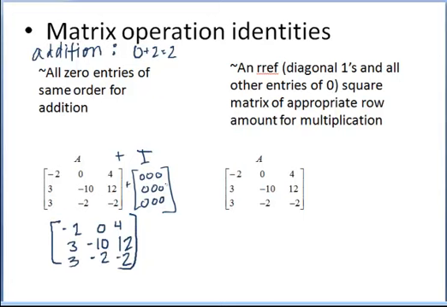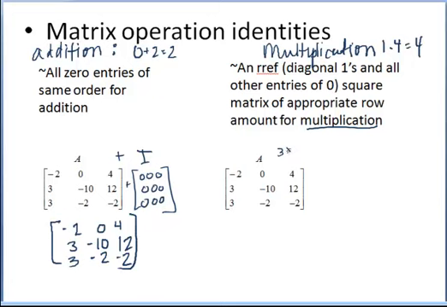Okay, so there's that. Alright, so now for multiplication, in the world of real numbers, we had the number 1. 1 times 4 would just keep the identity of whatever you were multiplying 1 by. Now what we're going to be doing is setting up a diagonal of 1s, with all other entries of 0, and a square matrix.